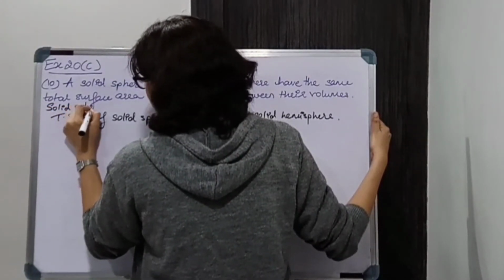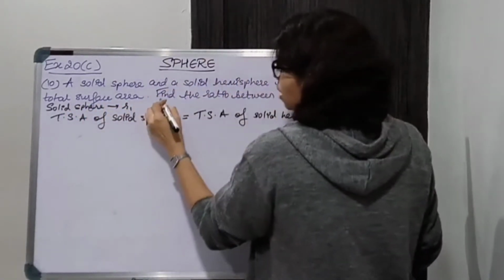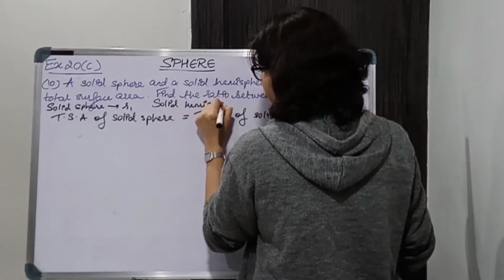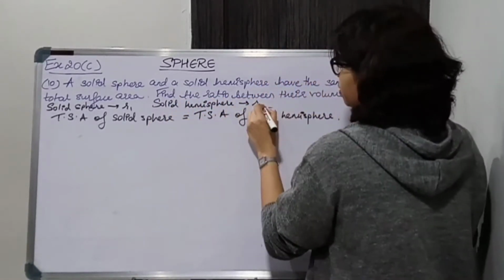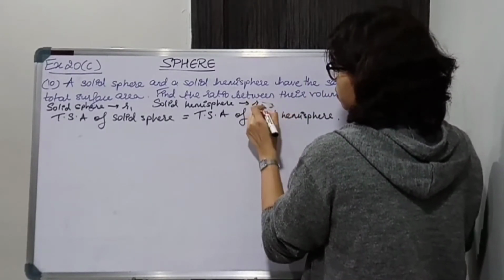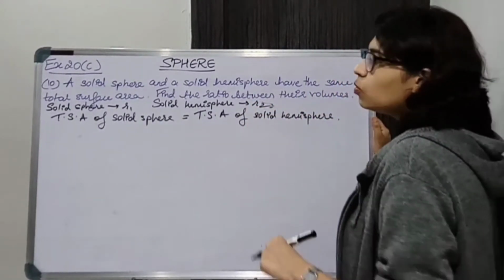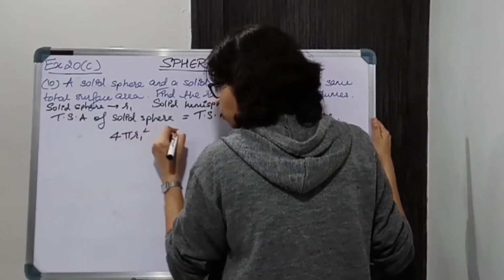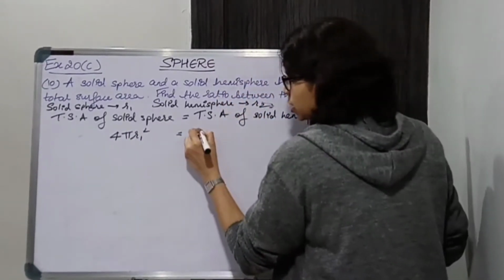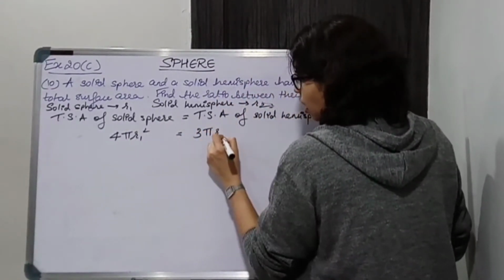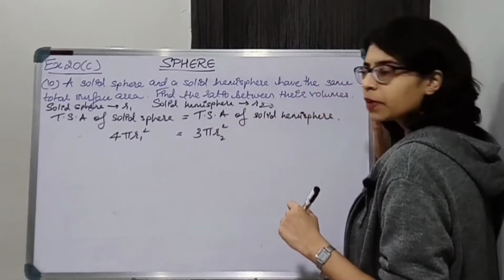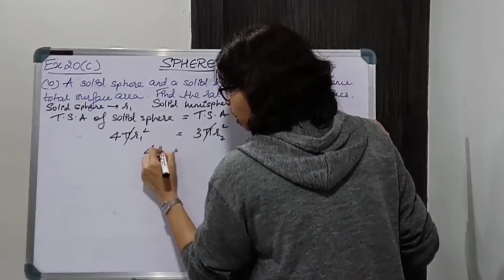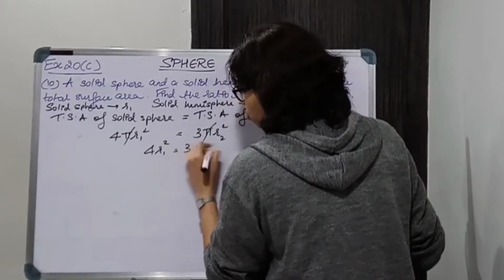Okay, solid sphere का radius is R1 and solid hemisphere का R2, ठीक है. Now total surface area is 4 pi R1 square and of hemisphere is 3 pi R2 square. Pi will get cancelled, ठीक है. 4 R1 square is equal to 3 R2 square.